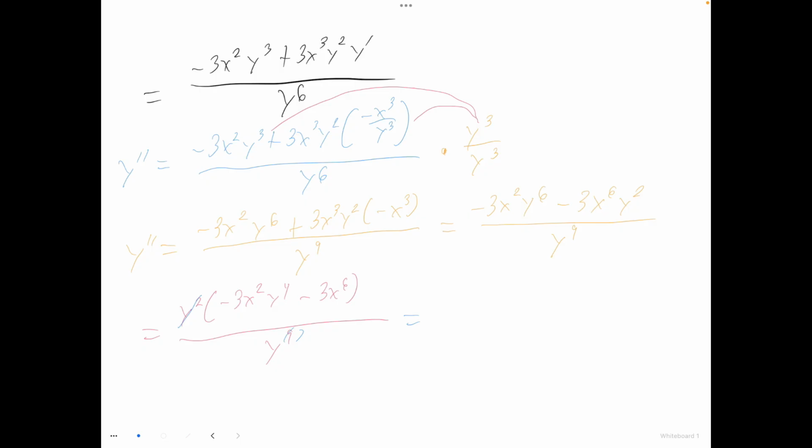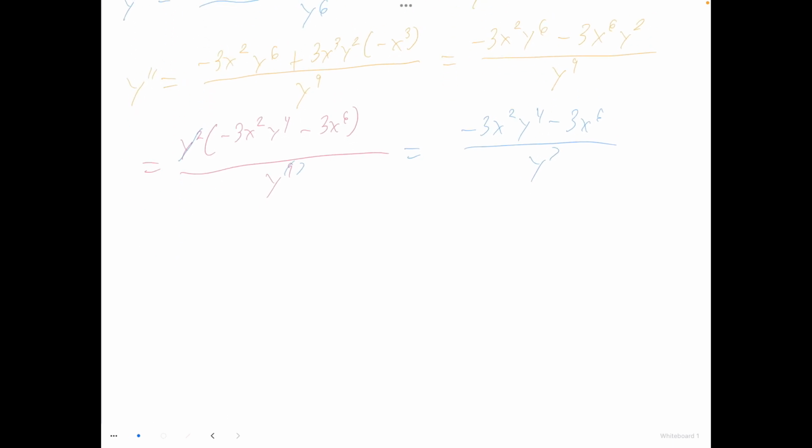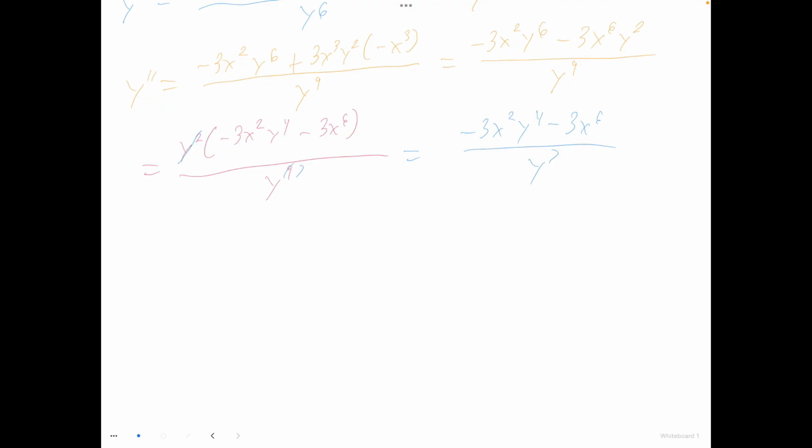So this gives us negative 3x squared y to the fourth minus 3x to the sixth divided by y to the seventh. But notice we can actually factor this even more. We can factor out a negative 3x squared from everything. So y double prime equals negative 3x squared times y to the fourth plus x to the fourth divided by y to the seventh.